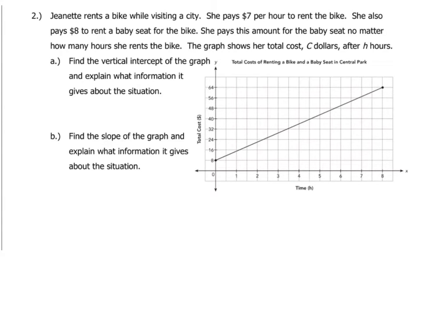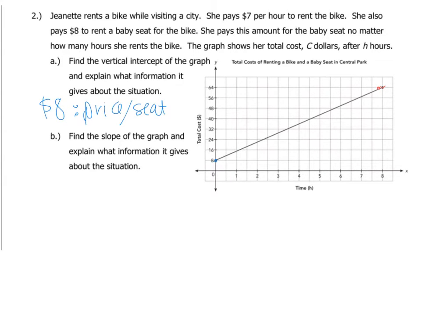So the vertical intercept, again, is the y-intercept. It's $8. And that's the price per baby seat, right? You pay that no matter what. Then the slope is positive. It's going up. So we need to find where it crosses perfectly. The only other place that we know for sure it crosses perfectly is at the end.